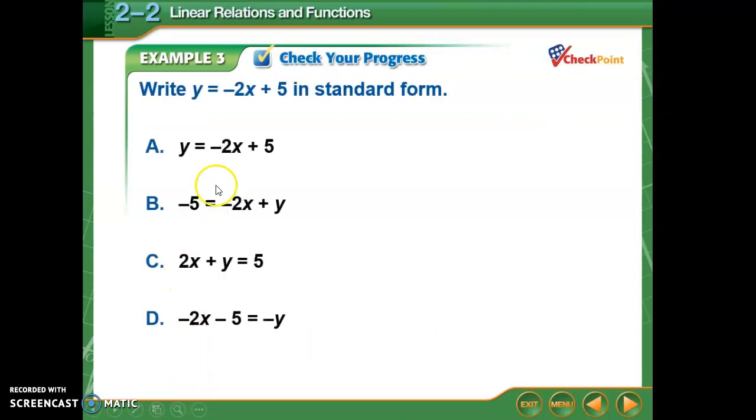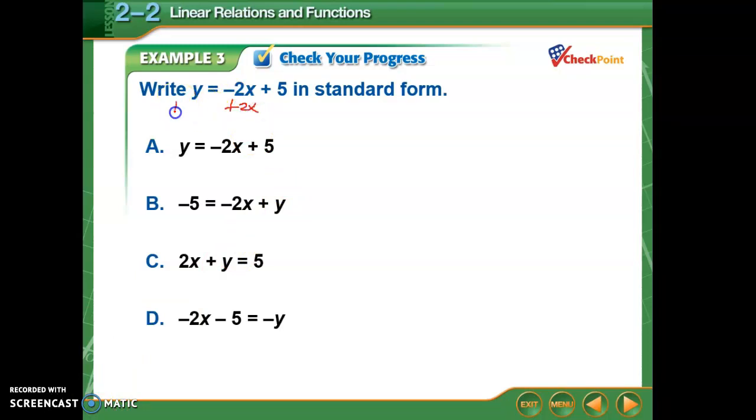Try this one. Convert into standard form, ax plus by equals c. Alright, you add 2x both sides. So let's do that one. You add 2x here.